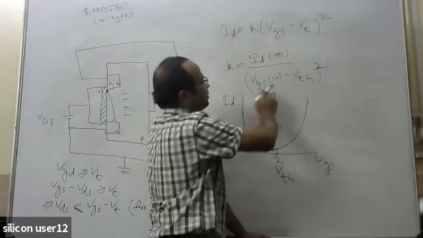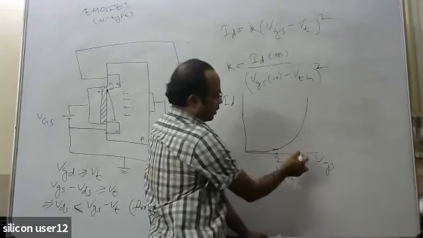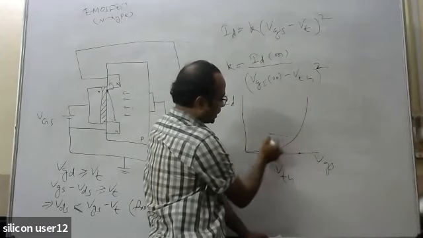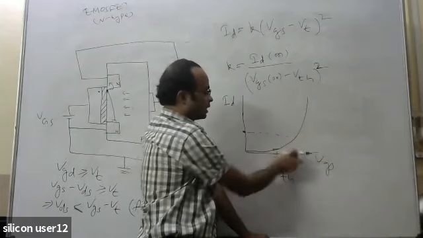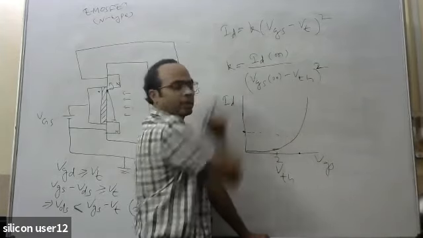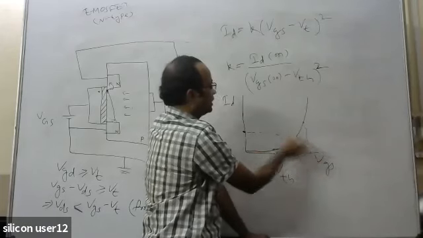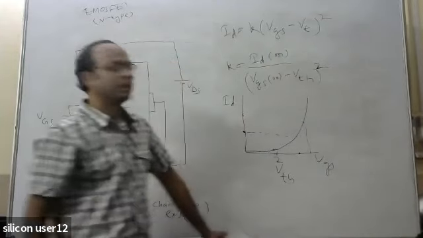ID on by VGS on minus VTH whole square. For this VGS on value, we are getting this much ID value. With these 2 points, you can calculate K, or similarly with any corresponding VGS and corresponding ID, you can also calculate your K.